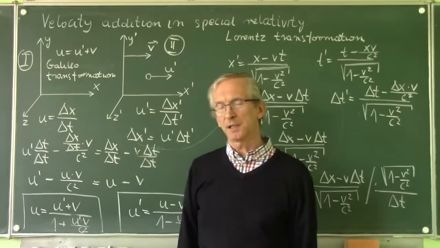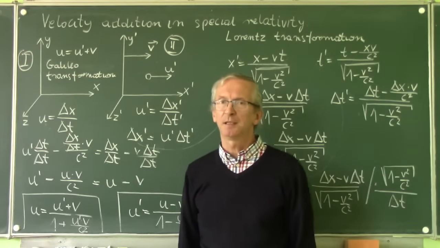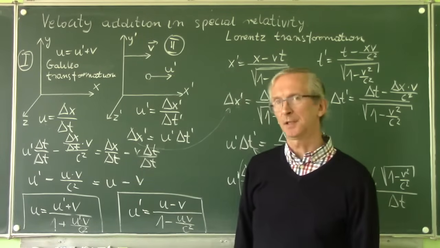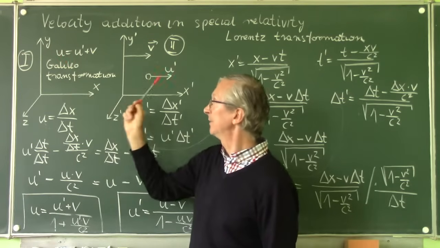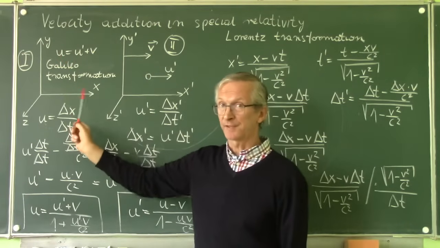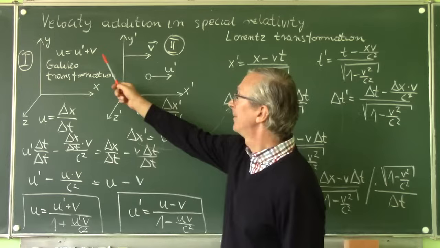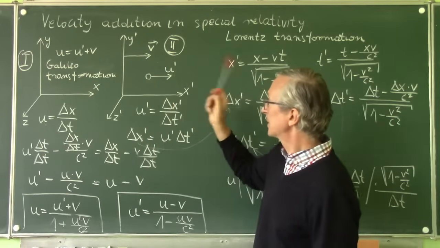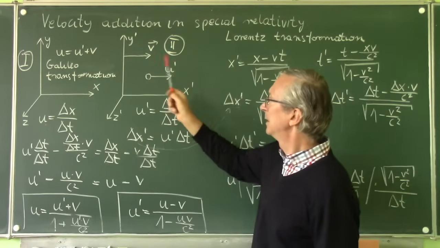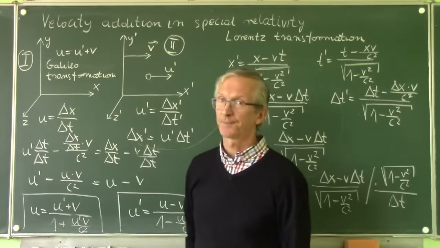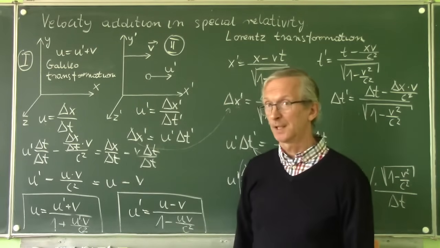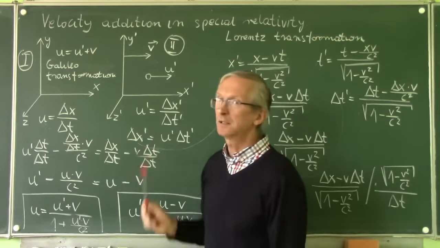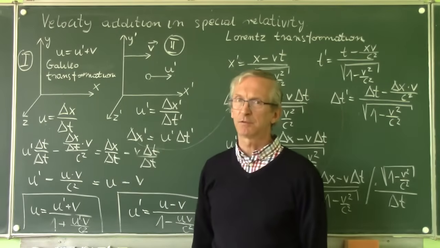If we believed in Galileo transformations, the answer to this question would be very simple. Velocity of this object measured in the first frame of reference would be just velocity measured in the second frame of reference plus v. We know that this equation is not true.